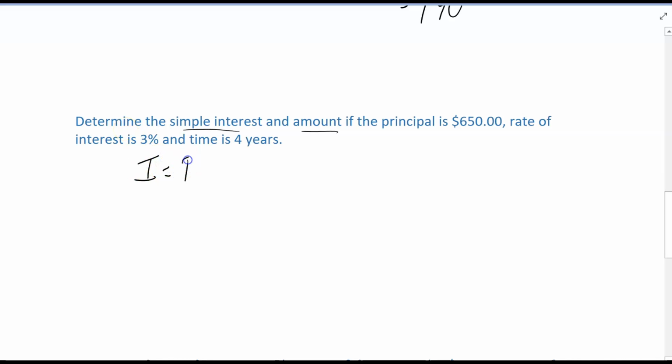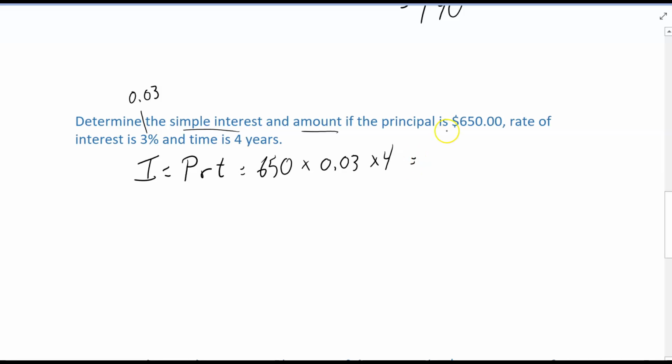I equals PRT. Our principal is $650. The interest rate is 0.03 and the time is 4 years. So $650 times 0.03 times 4.